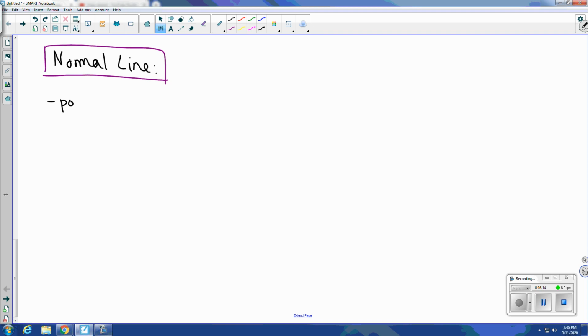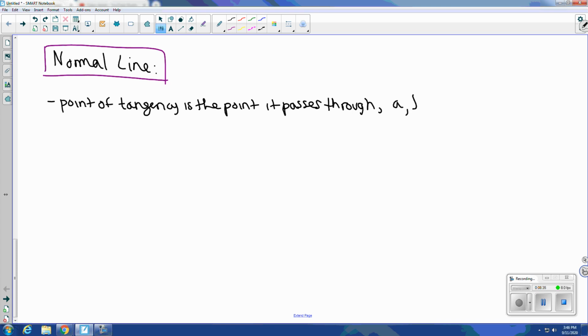So the point of tangency is the point it passes through. Again, that will come in the form a, f of a. Repeating myself, but you may be required to find what f of a is.